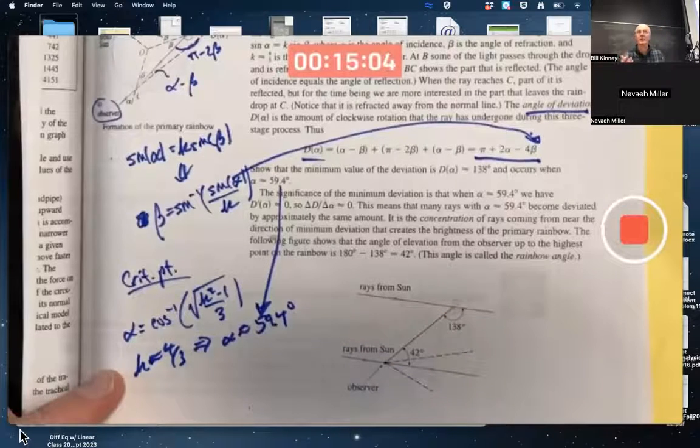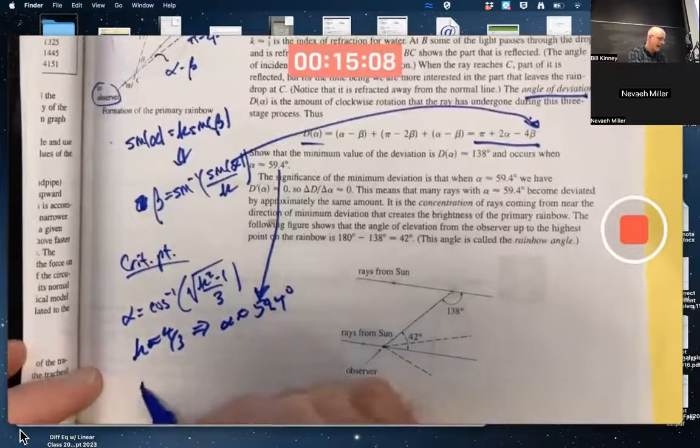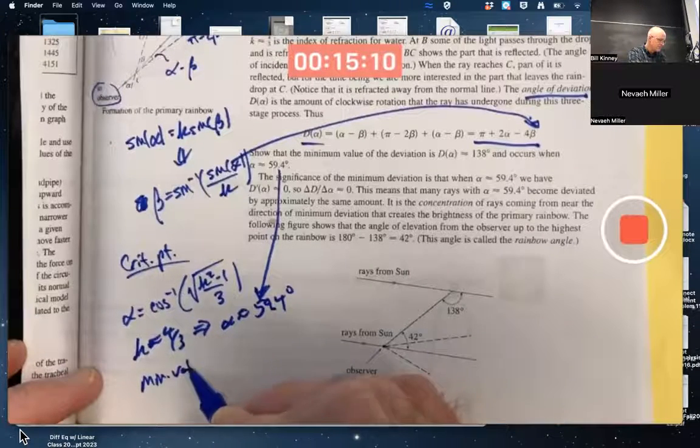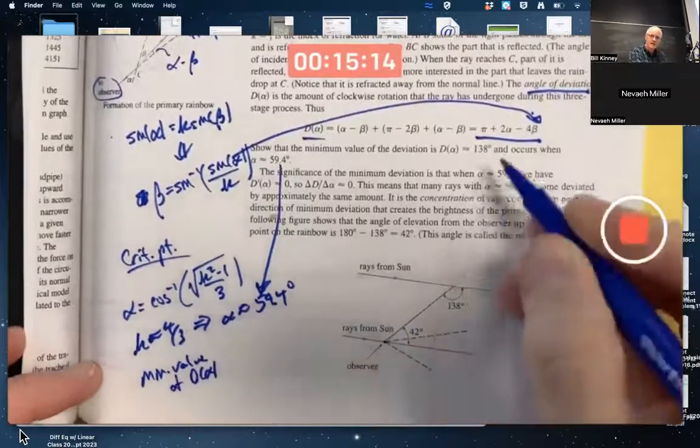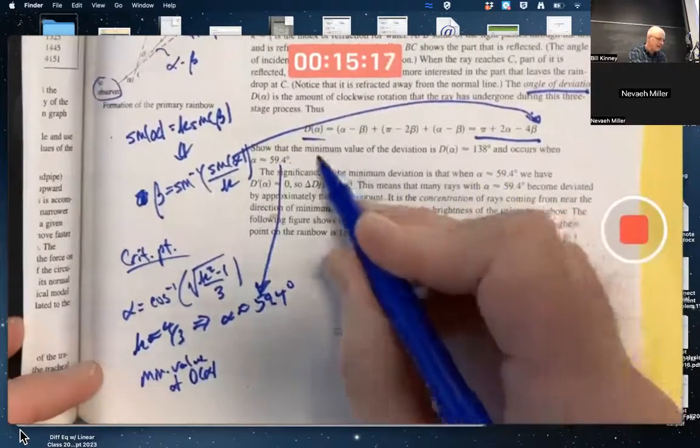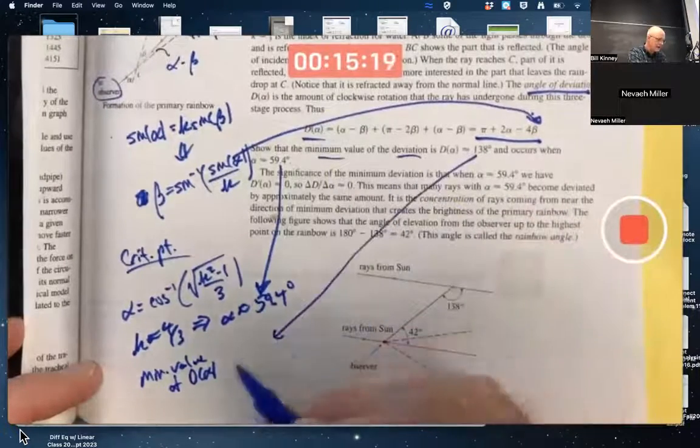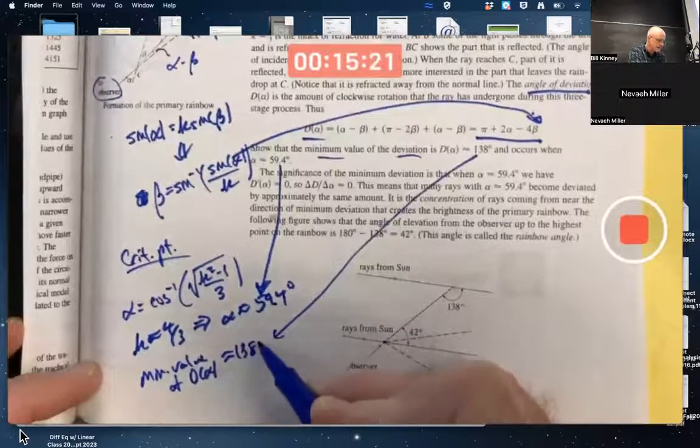It was a little over 1 radian. And the minimum value of d of alpha, the minimum value of the deviation, is approximately 138 degrees.